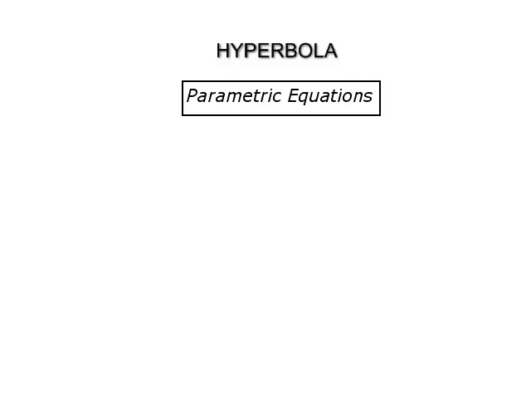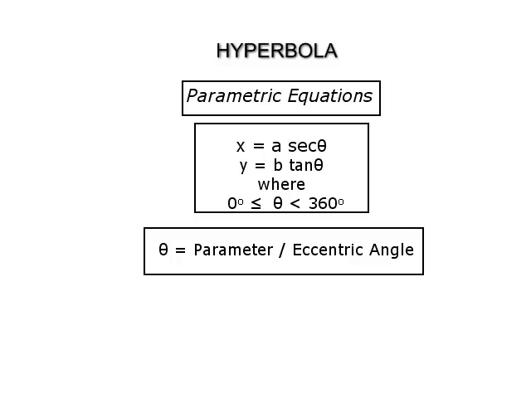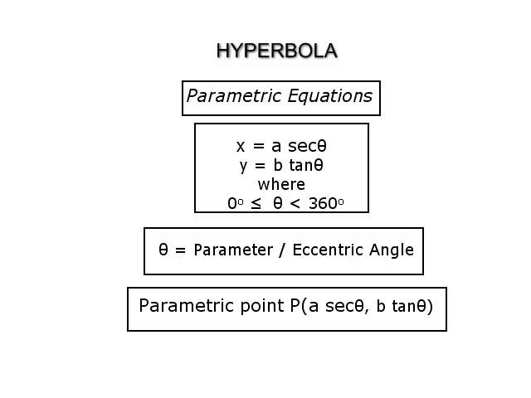The parametric equations of hyperbola are x equal to a sec theta and y equal to b tan theta, where 0 degree less than or equal to theta less than 360 degrees. Theta is called as parameter or an eccentric angle. Parametric point P of theta on the hyperbola is P (a sec theta, b tan theta).